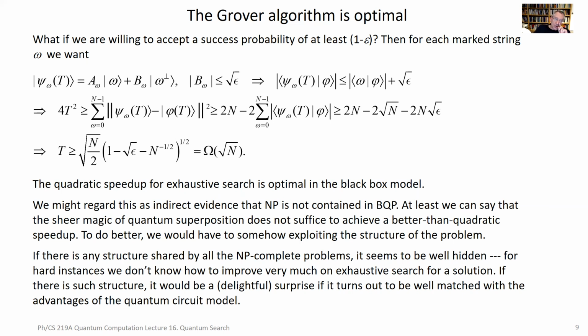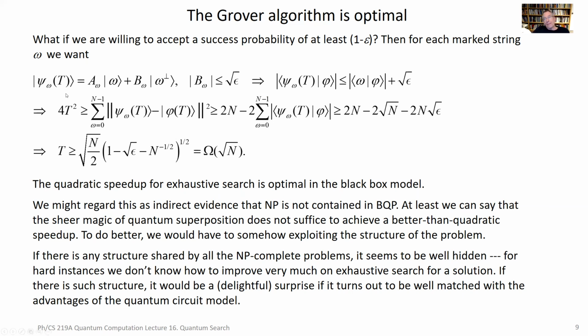Well, then we can change the story a little bit. When we make our measurements at the end in the appropriate basis, it's okay for the states to deviate away from the orthonormal basis, which is labeled by the different marked states.